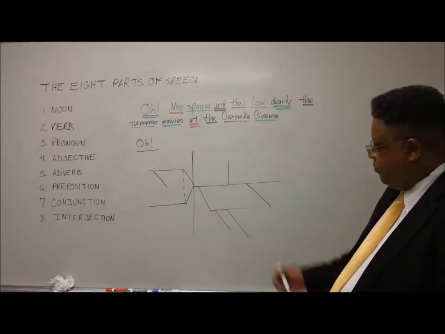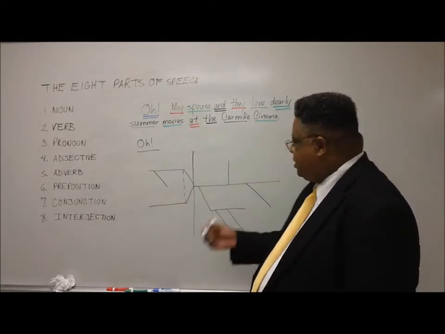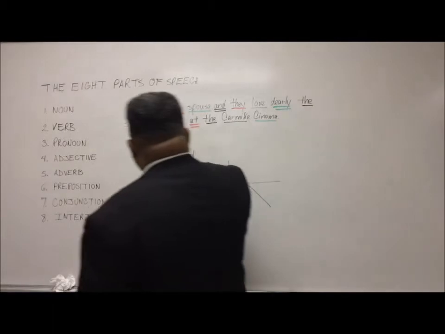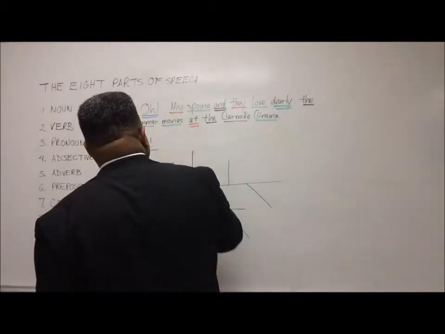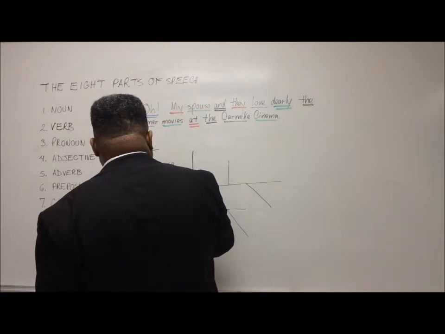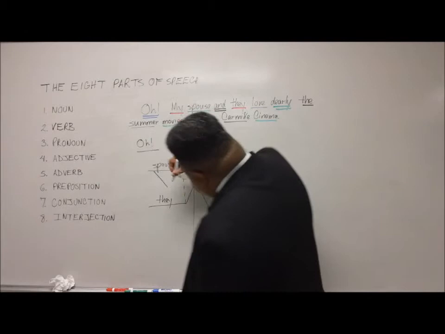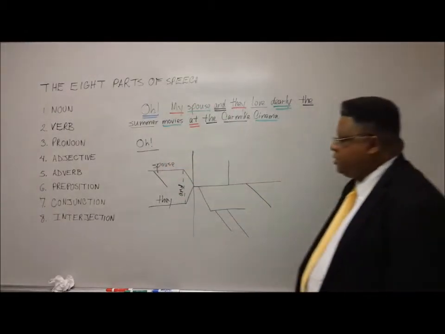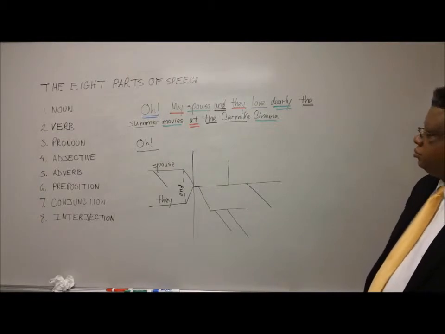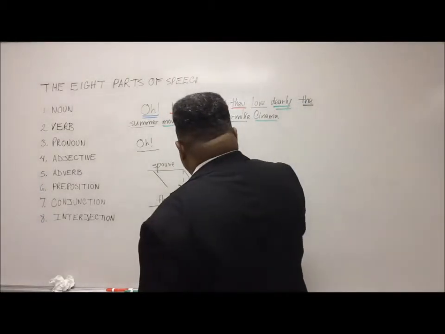Now, in the noun clause that forms the subject, obviously the subjects are the words spouse and I. They're joined by the conjunction and. The verb love goes here on the predicate side.